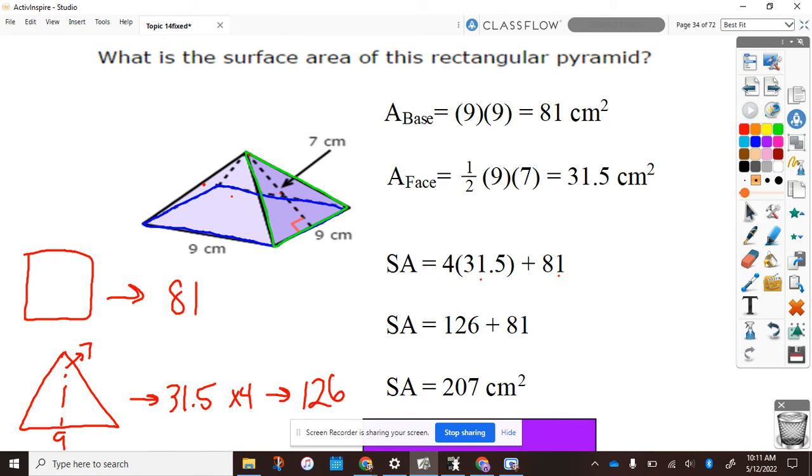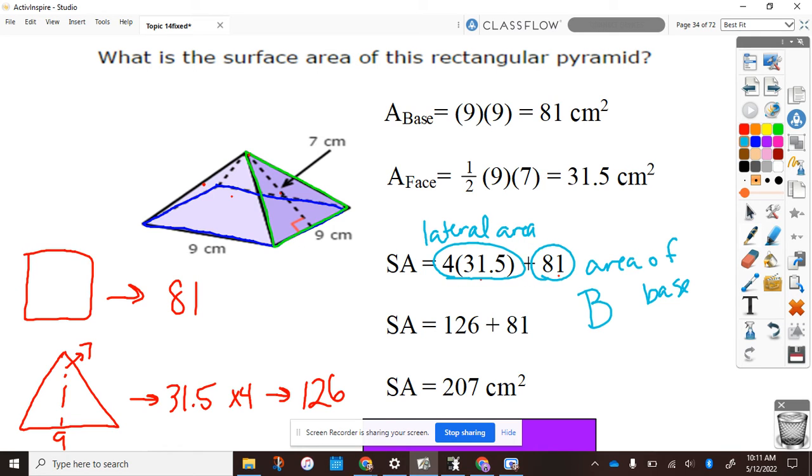The other way that we could do this is something that I want to point out to you right here. This 81, that's the area of the base. When we talked about volume, we referred to that as capital B. And this right here is your lateral area.